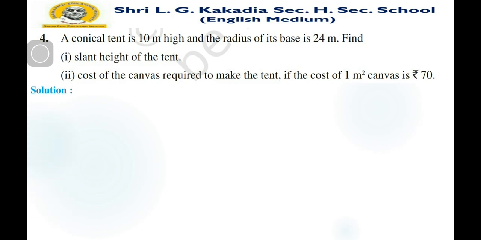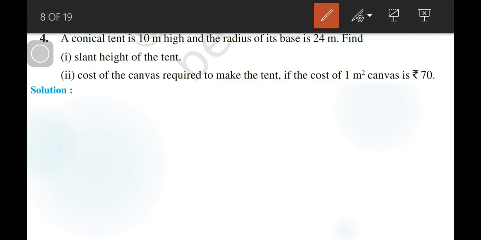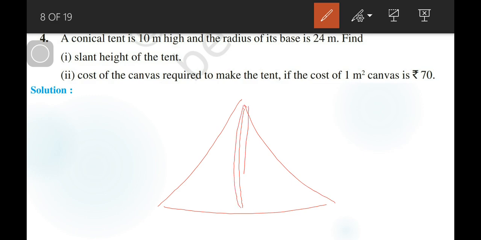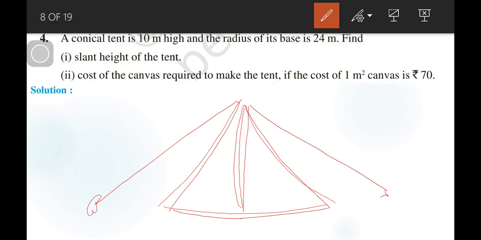So, solution of the given example. Here such a type of tent is given. A tent looks something like this. This tent can be seen as similar to a cone, a right circular cone.